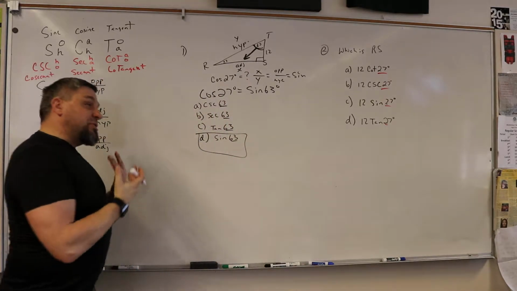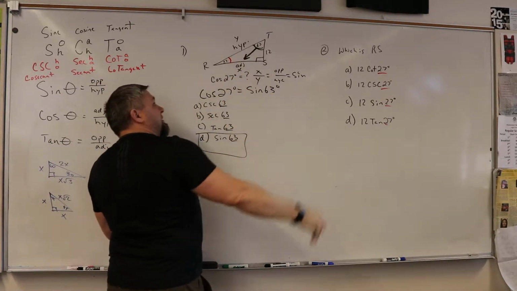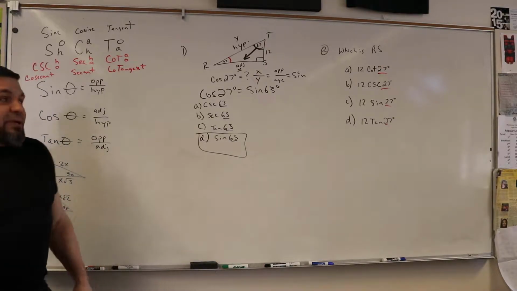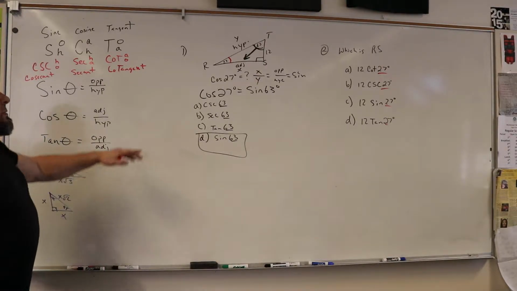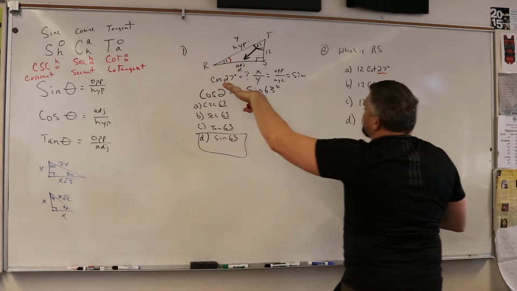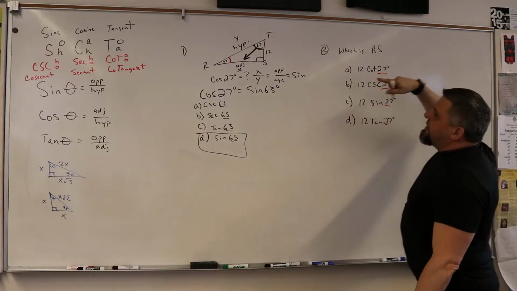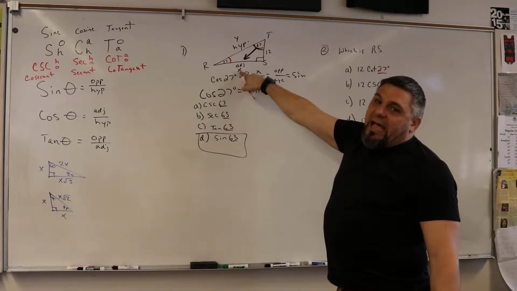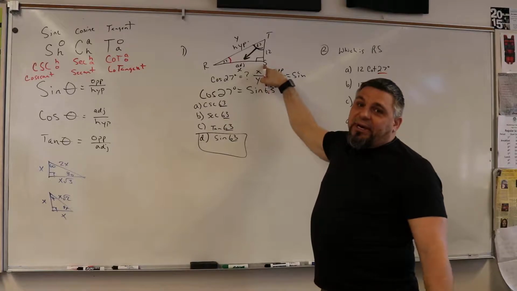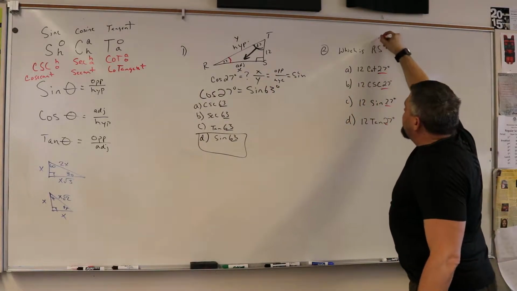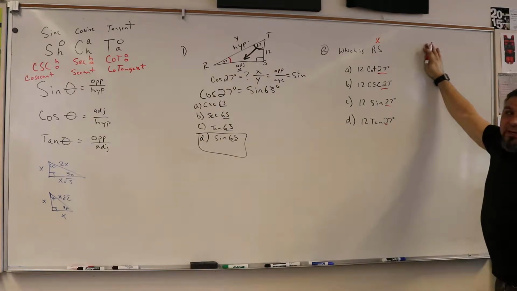So we want to look at it from 27 degrees, and that is equal to RS. Instead of saying x, we could just call it RS. So this is the same as x. Does that make sense?